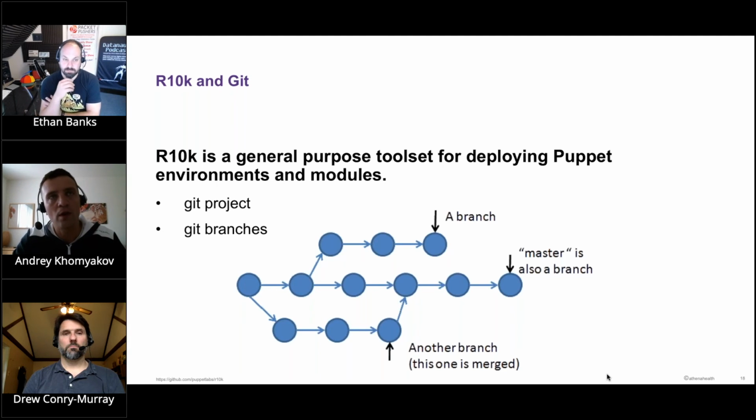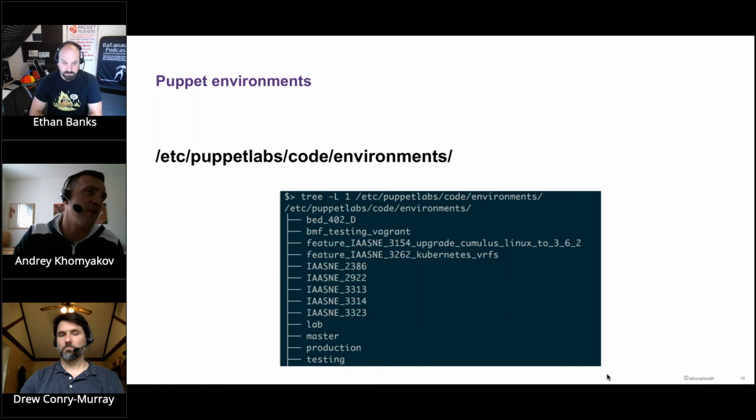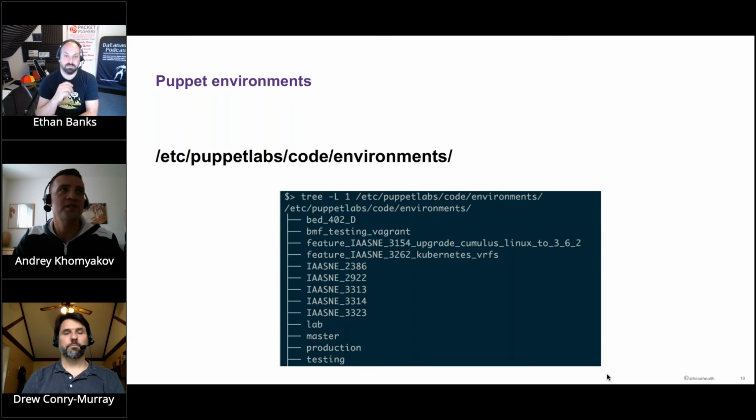R10K is a tool that will build Puppet dynamic environments based on Git branches. Here I have a list of Puppet environments, and if you know Linux, you understand that I'm showing you folders in the /etc/puppetlabs/code/environments directory. In the Git world, a Git project is your single folder with all your code, and branches are basically magically slipped in.